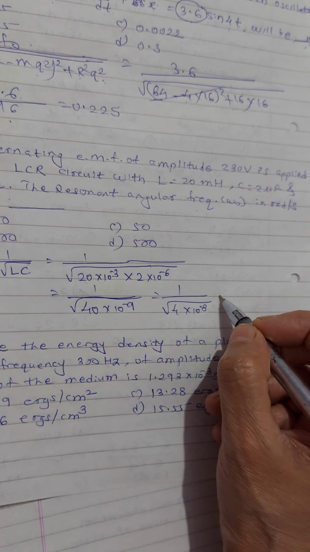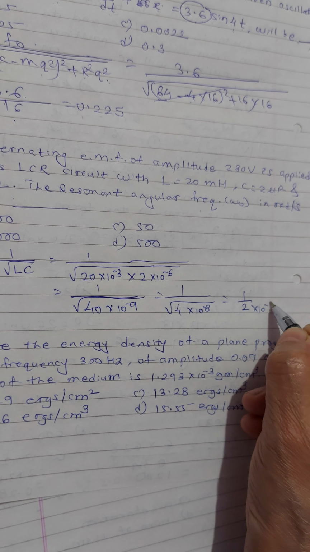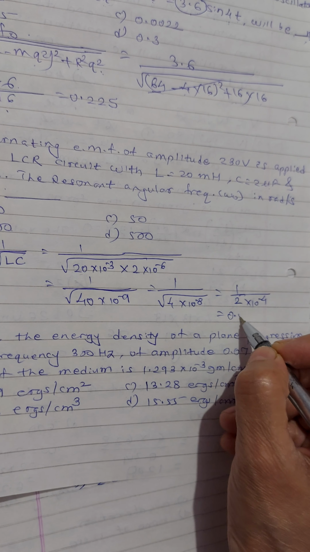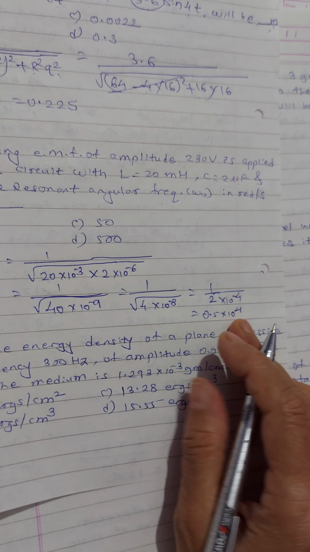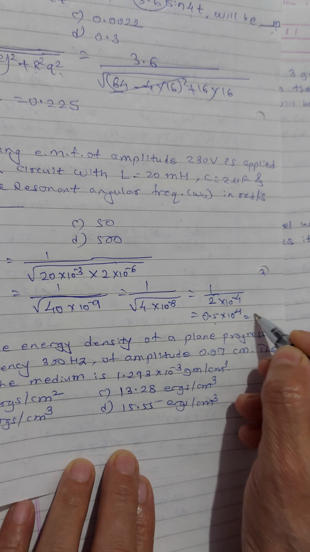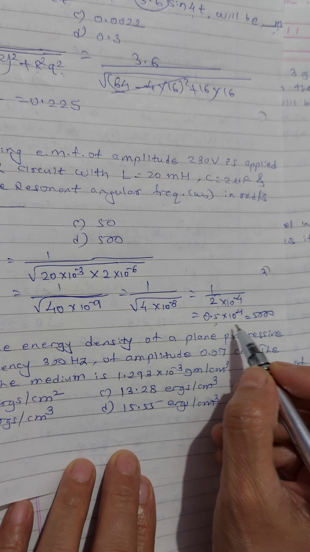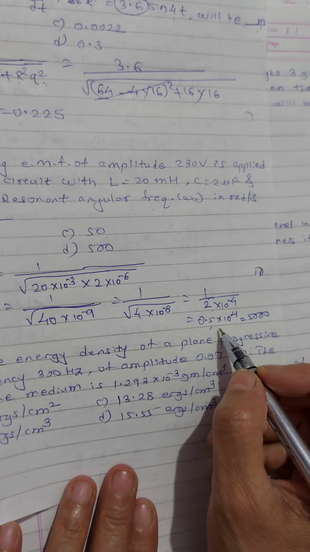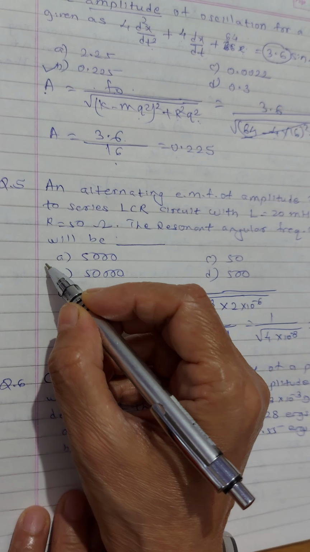So if you do that, we get 1 by 2 into 10 to the power minus 4, or 1 by 2 is 0.5, 10 to the power plus 4. So this will be 5000. 5 by 10 will be like 1 by 2. So therefore 5000 is the perfect answer.